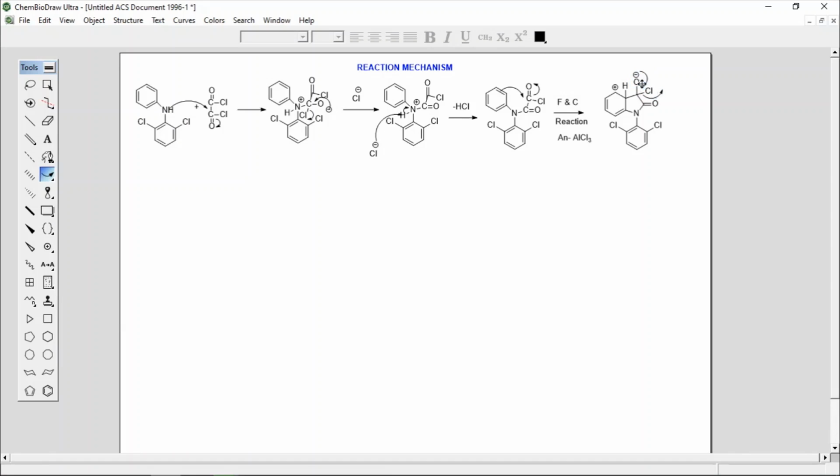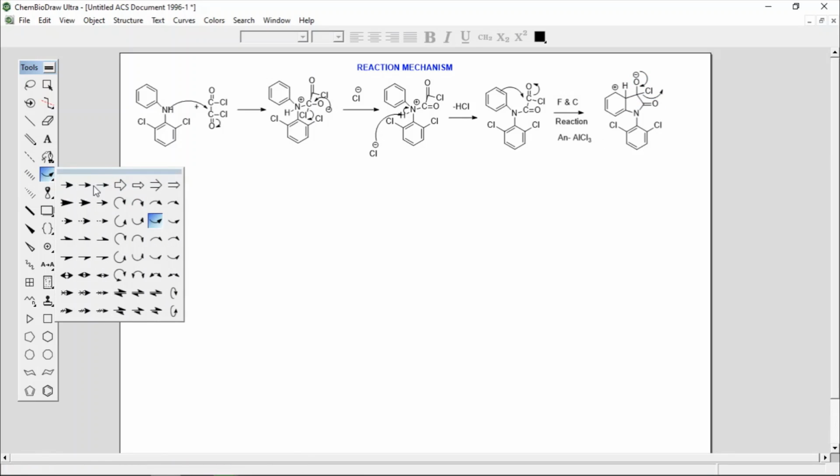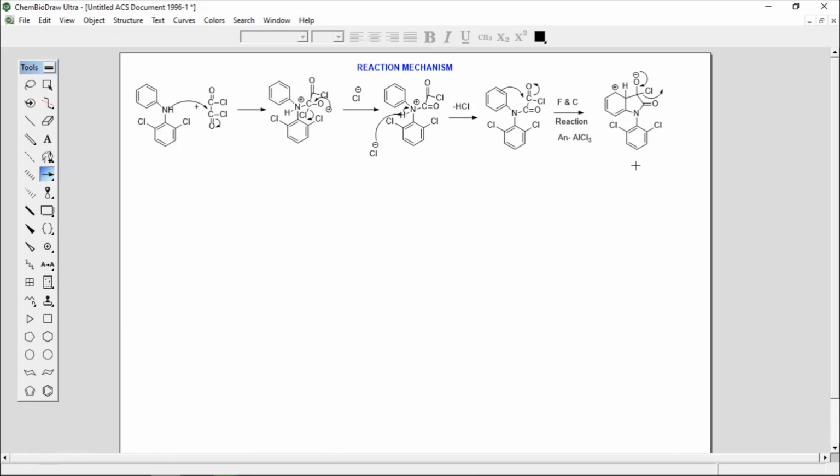Once it forms the carbon-oxygen double bond, this Cl will be the leaving group and you will get C double bond O. Then in the next step, minus Cl because Cl is a leaving group.